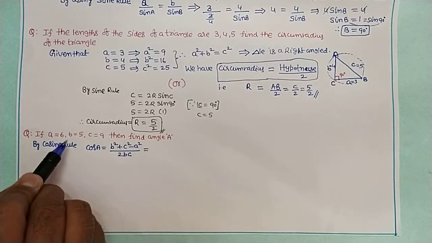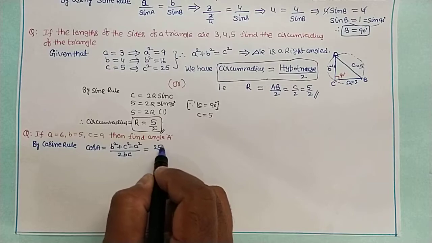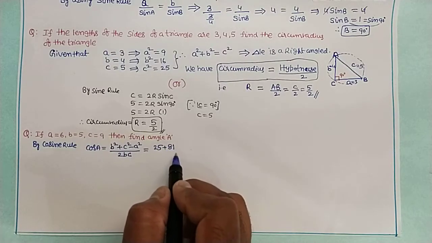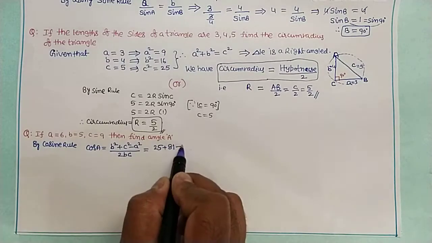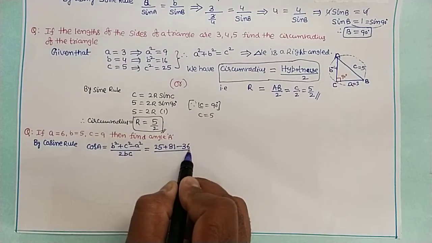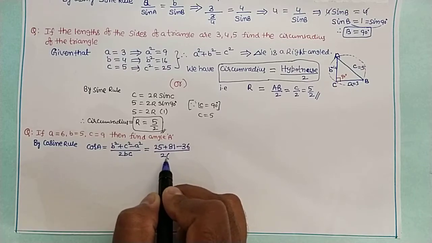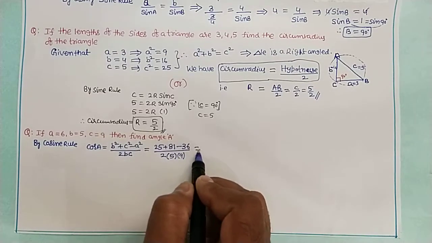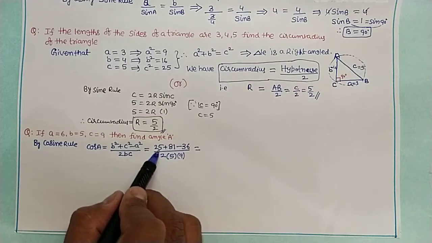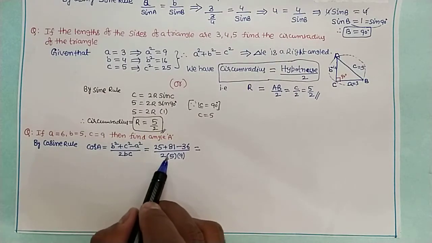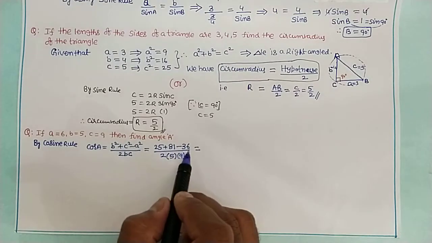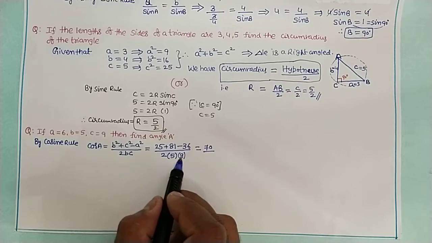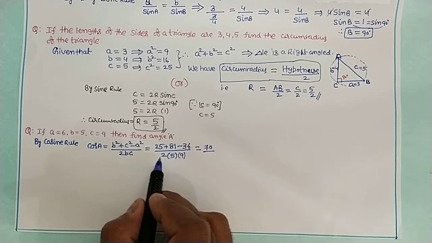cos A equal to (b square plus c square minus a square) divided by 2bc. b square, that means 5 square, plus c square, 9 square, that means 81, minus a square, 6 square, 36, divided by 2 into bc, 5 into 9, which is equal to 25 plus 81, 106, minus 36, which is equal to 70, divided by 45 into 2, 90.